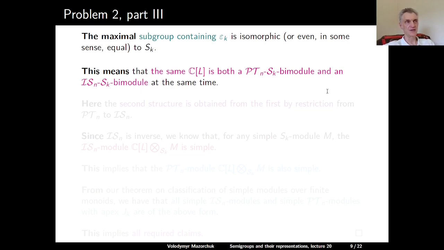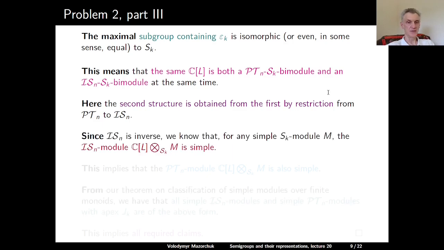So this linearization of this left class, if we consider it as an element of PTn, will be a PTn-Sk bimodule, or if we consider it as an element of ISn, we get it as an ISn-Sk bimodule. And of course the second structure is obtained from the first by restriction from PTn to ISn.